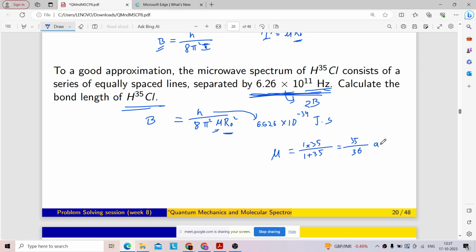It is in terms of atomic mass units. You have to convert it into kgs, so you have to multiply by 1.67 times 10 to the power minus 27. If you multiply this factor, it will be converted to kg units.